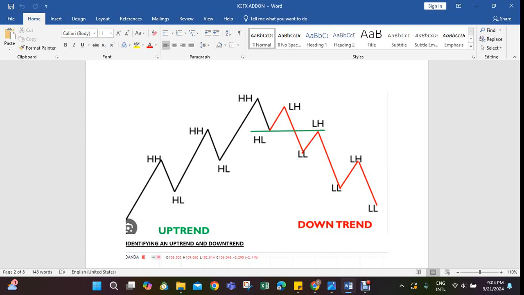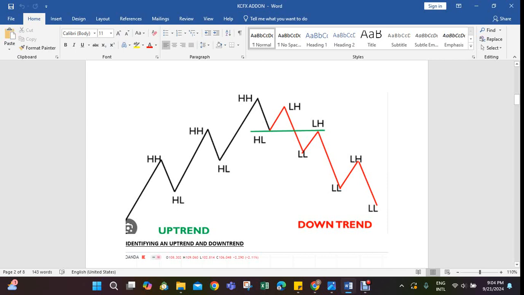You need this to start. In fact, for all strategies, you need to at least understand where the market is going or what it's doing. Now let me push forward. If you see, we have a higher low, higher high: HL, HH, HL, HH.